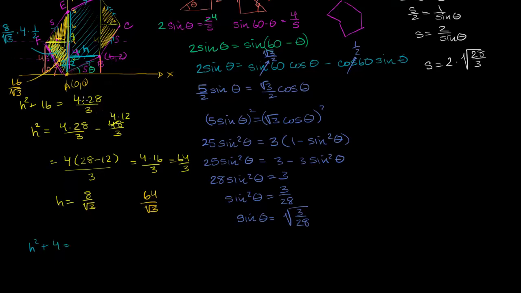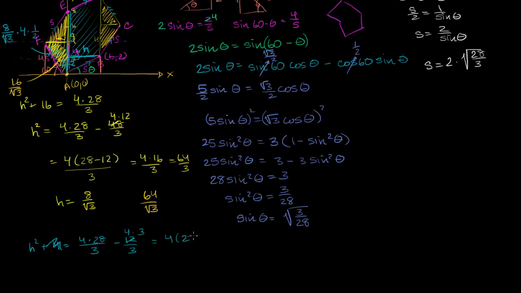Now we already figured out what s squared was in the past. It's 4 times 28 over 3. Let's subtract 4 from both sides. So minus 12 over 3. And now, 12 is the same thing as 4 times 3. So this is equal to 4 times 28 minus 3.